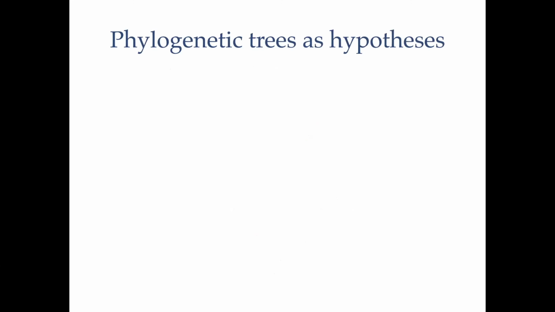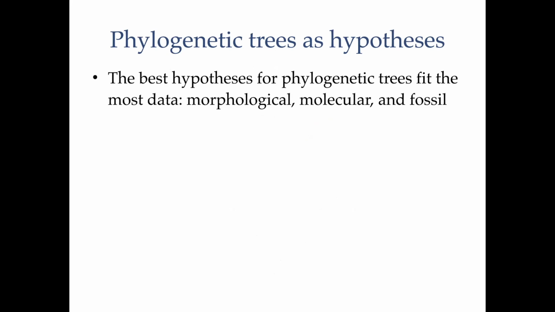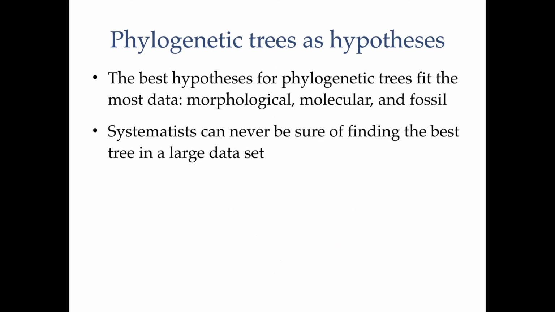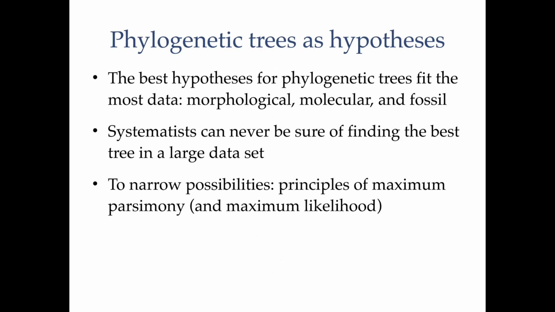So as I said, when we are estimating a phylogenetic tree, it's not 100% sure. We are just testing hypotheses to see which relationships best fit that data. That's what it's saying here.